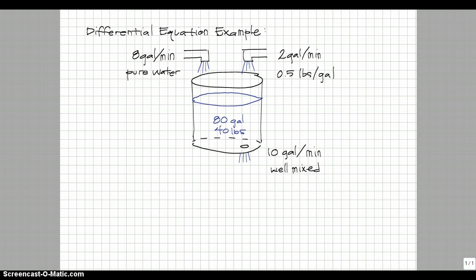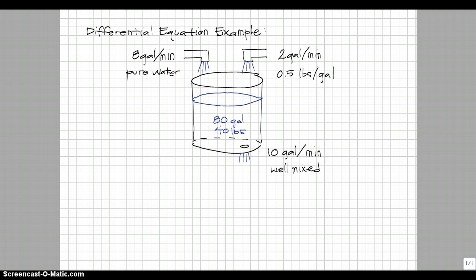But basically we've got a situation where we've got a tank of, let's just say, water. And there's water flowing into the tank from two sources. There's 8 gallons a minute of pure water flowing in to the tank, 2 gallons a minute of water that contains a solution of 1/2 pound per gallon of salt.